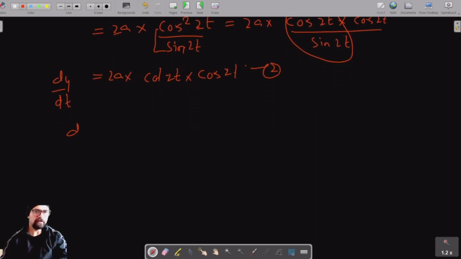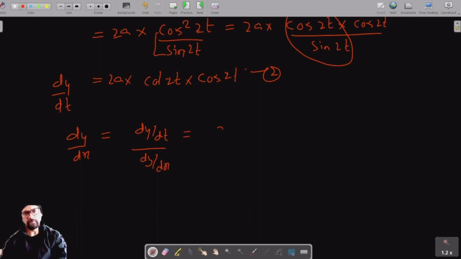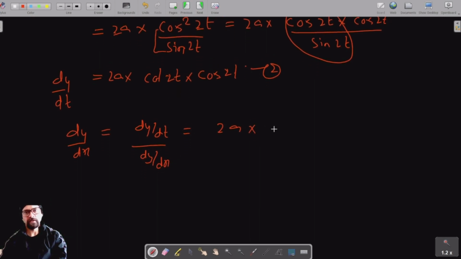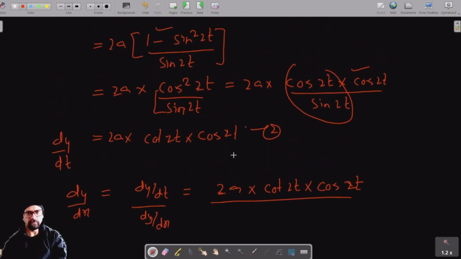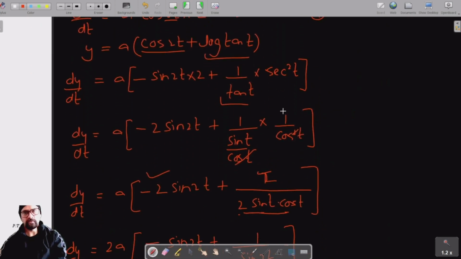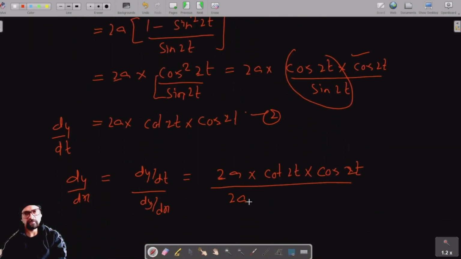But we have to find the first order derivative with respect to x, which is dy by dt divided by dx by dt. And dy by dt is 2a into cot of 2t into cos of 2t, upon dx by dt. So dx by dt was 2a cos 2t.